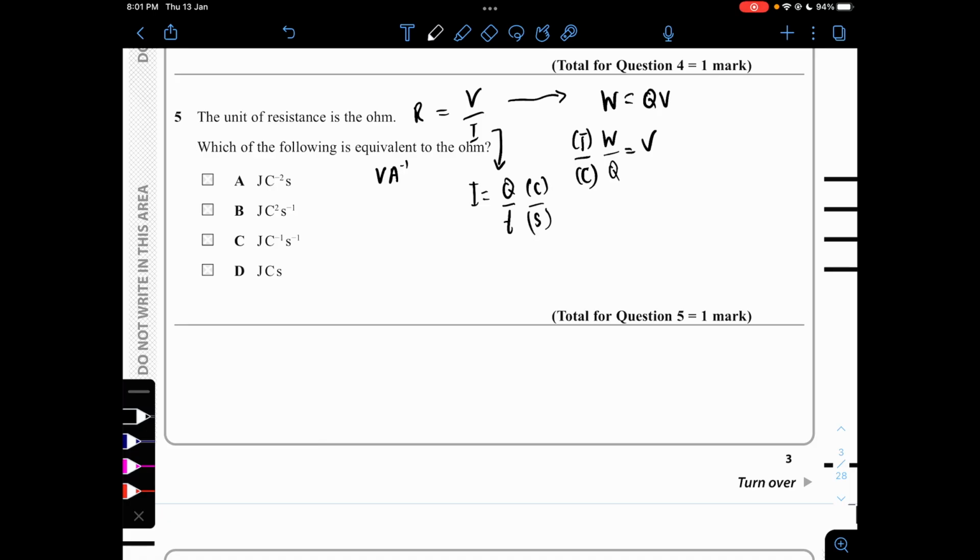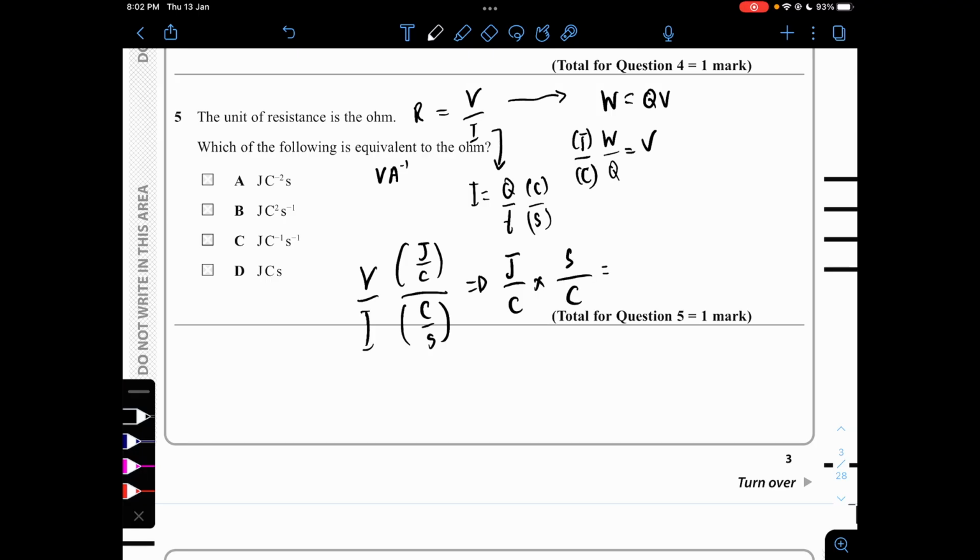So V over I would mean we're dividing J over C by C over s. What happens when we divide two fractions? We multiply by the reciprocal. So J over C times s over C.